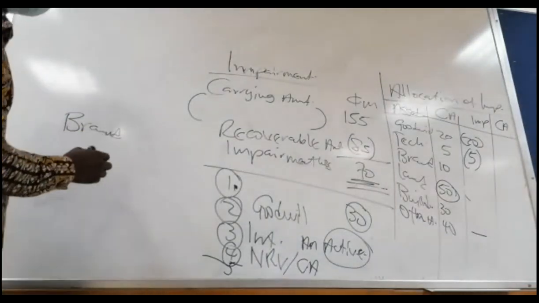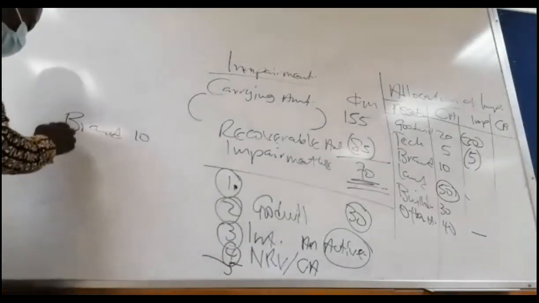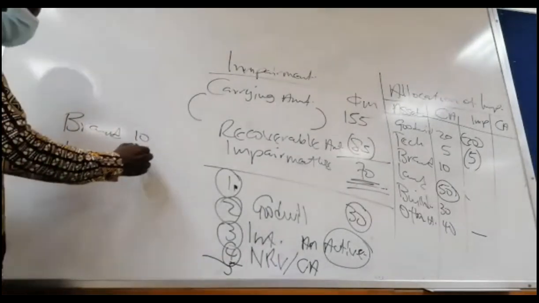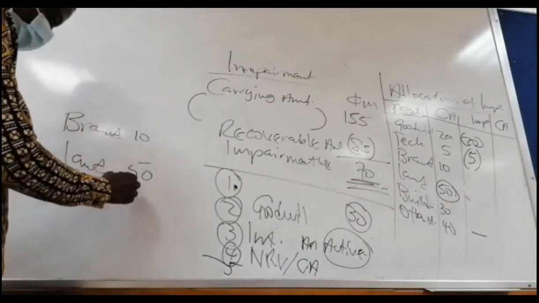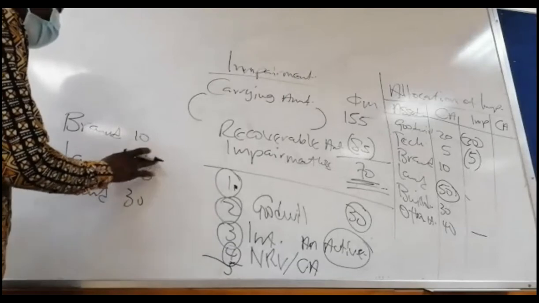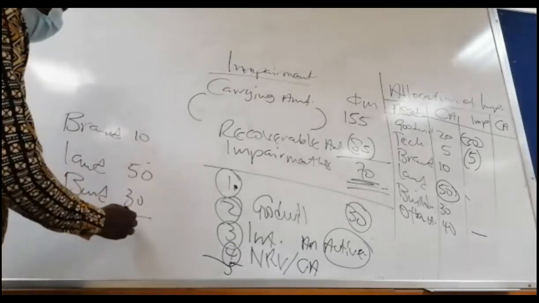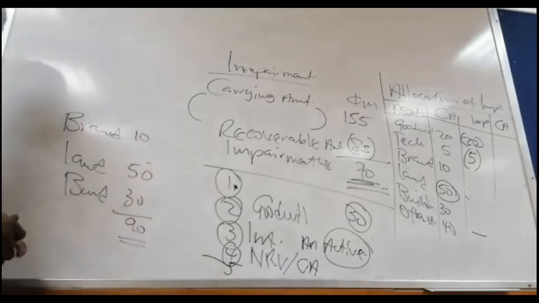Brand, the carrying amount is 10 million. Land, the carrying amount is 50 million. Building, the carrying amount is 30. If I put all the remaining assets together, I get 90, right? So I have to prorate it.